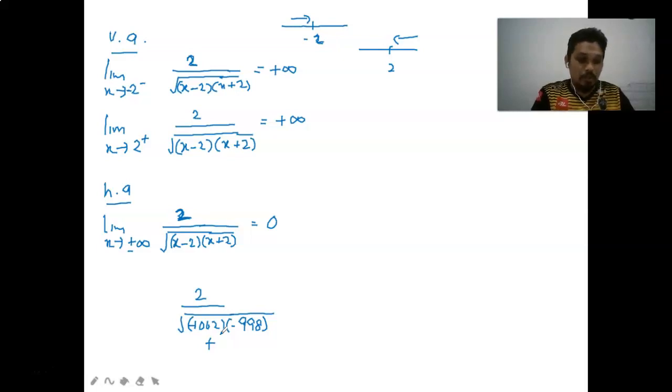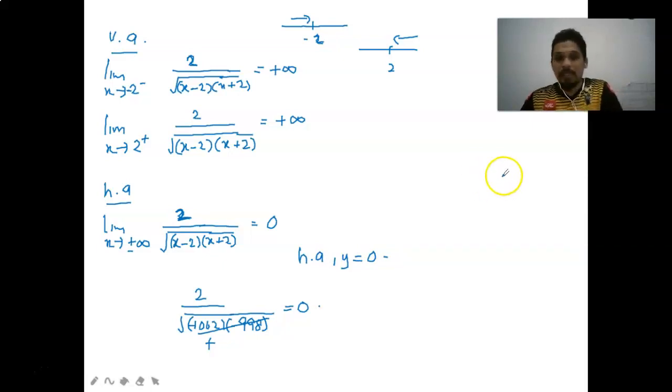Then 2 divided by, for example, 999996 is a very small number, approaching 0, very close to 0. This is only an example to represent this. So the horizontal asymptote for this function is y equals 0.